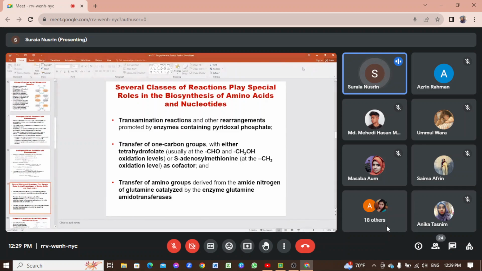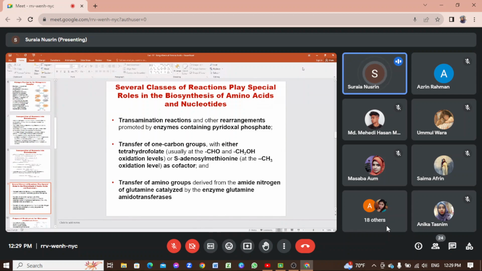Okay, now we look at some of the types of reactions which are important in the biosynthesis of amino acids as well as nucleotides. Number one is the transamination reaction, as well as some rearrangement reactions.